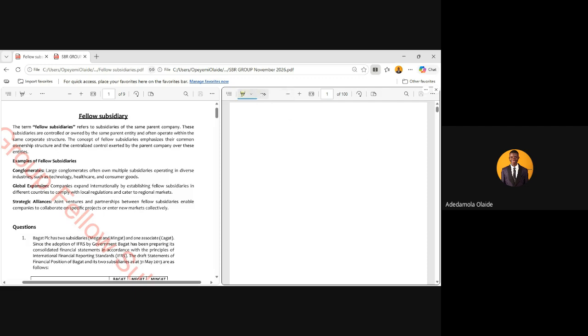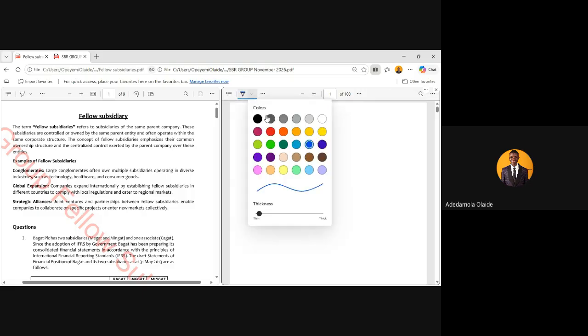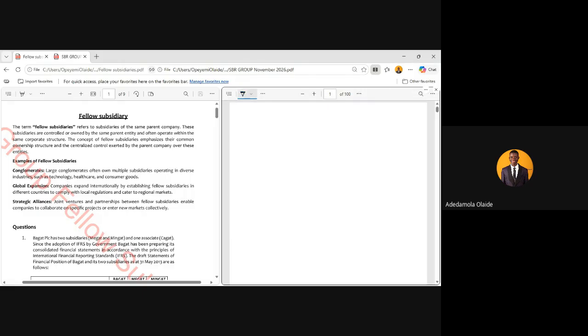Let's assume I want to draw the group structure now. I would say A, which is the parent, acquires B. This is a single subsidiary group structure.